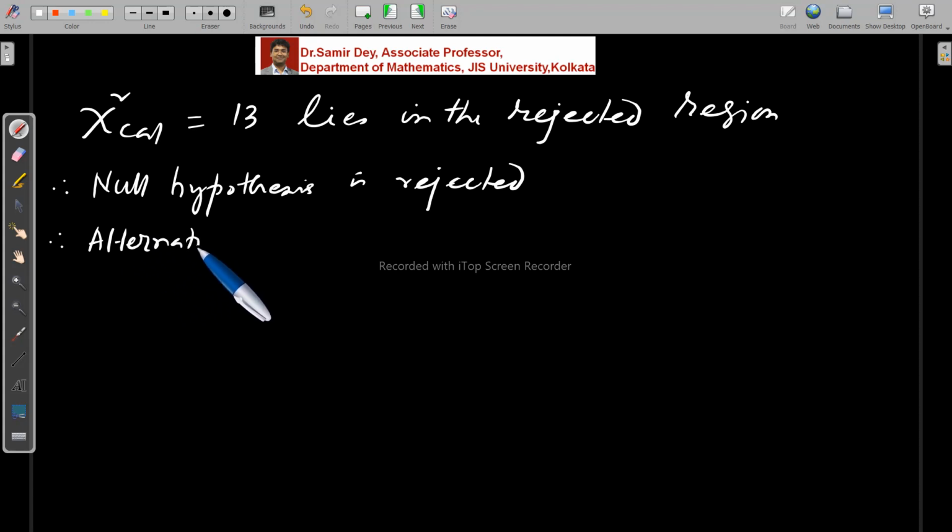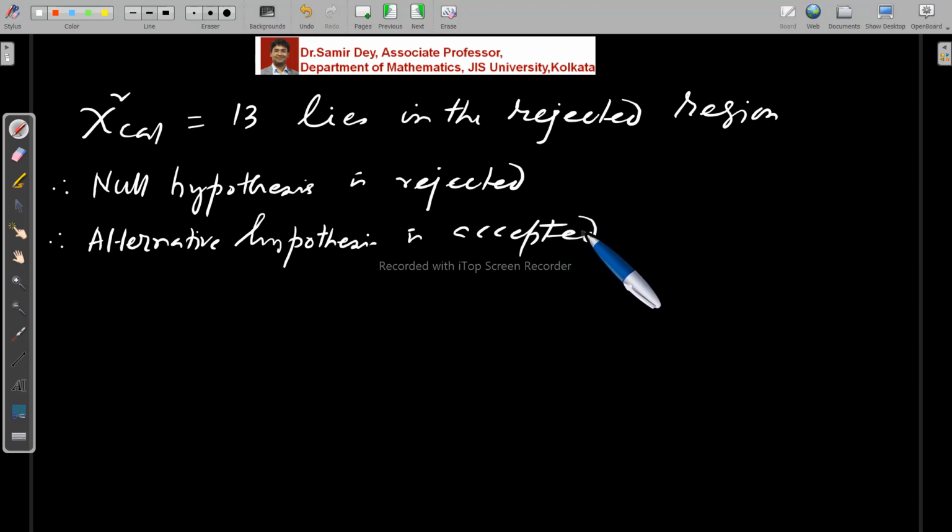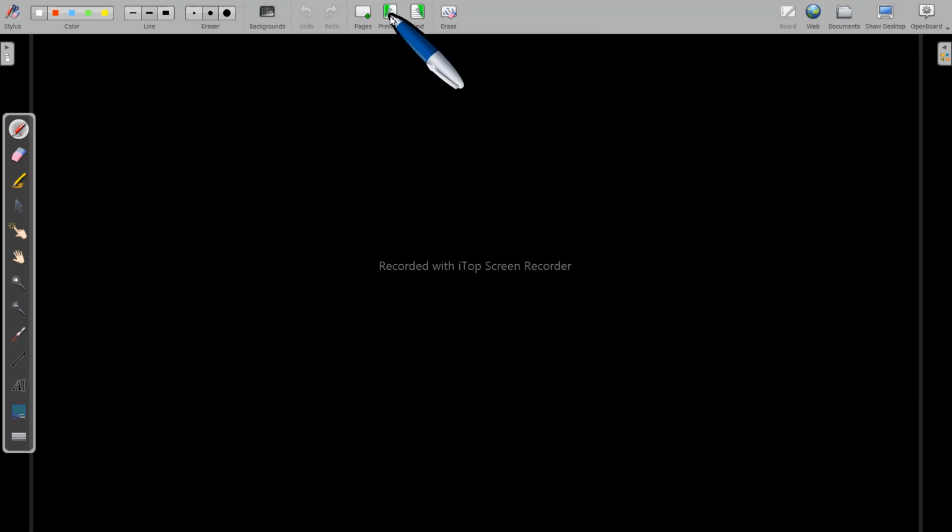Alternative hypothesis is accepted. If your Zcal lies in the rejected region, the null hypothesis will be rejected, so the alternate hypothesis will be accepted. So therefore you may write, therefore, what about the null hypothesis?